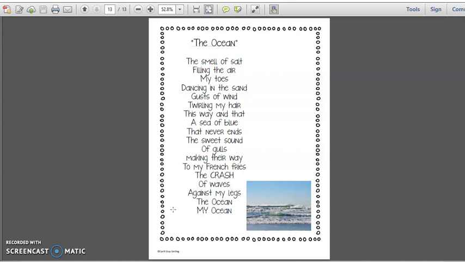The smell of salt filling the air, my toes dancing in the sand, gusts of wind twirling my hair this way and that, a sea of blue that never ends, the sweet sound of gulls making their way to my French fries, the crash of waves against my legs, the ocean, my ocean. Use your senses.